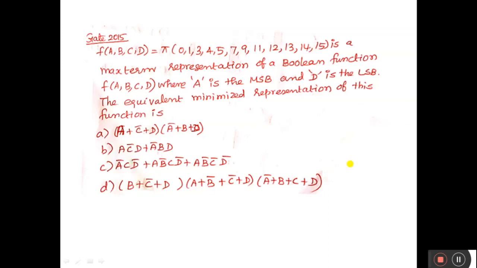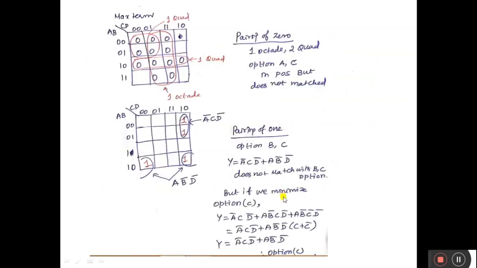See here, the options are given in SOP and POS form. Some options are given in SOP, some options in POS. So we need to handle this problem carefully. Let us discuss the solution. So first I take the max term. From the given data, I fill all the zeros.